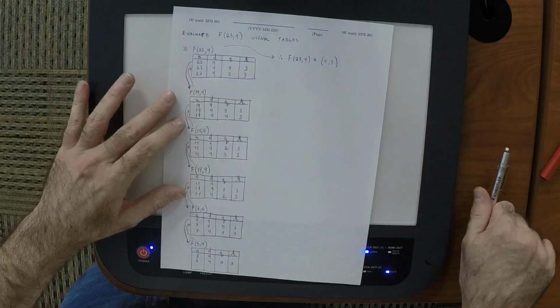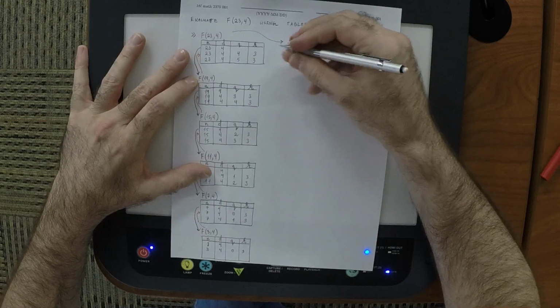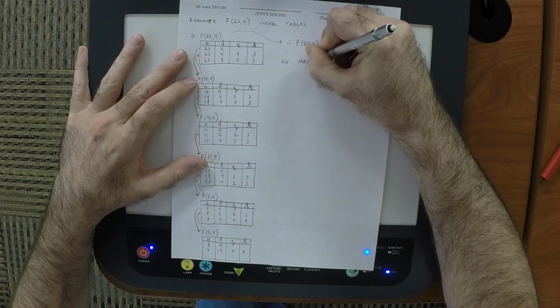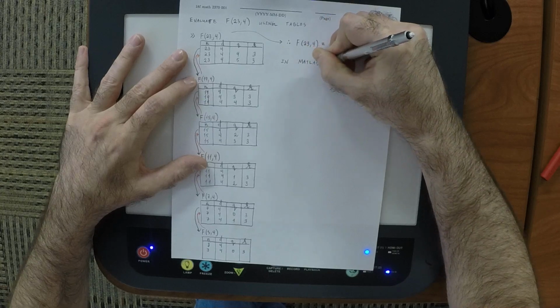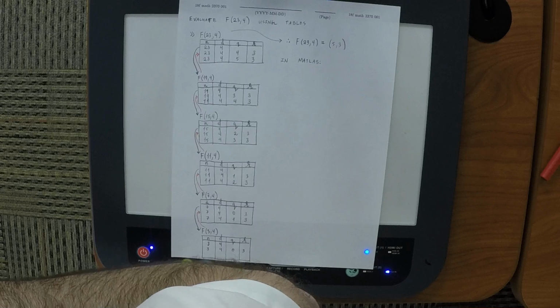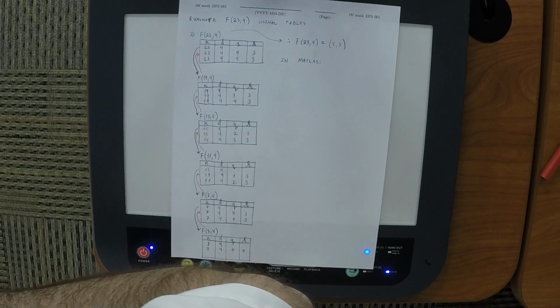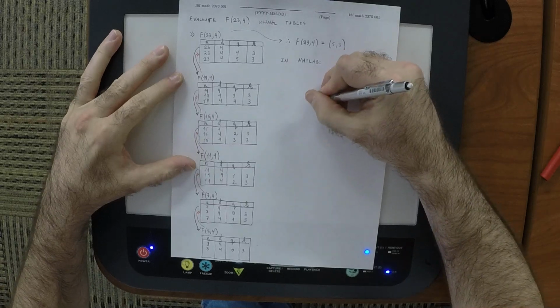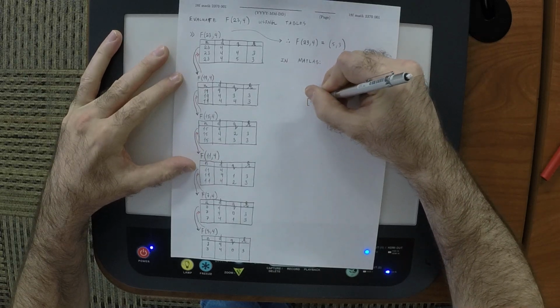So that means that in the MATLAB code, if this function really was named f, you're going to make a recursive call somewhere, and it's going to be like this.